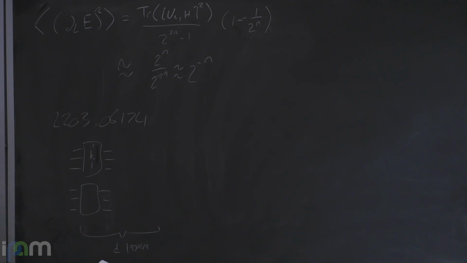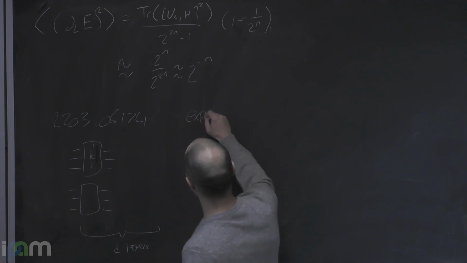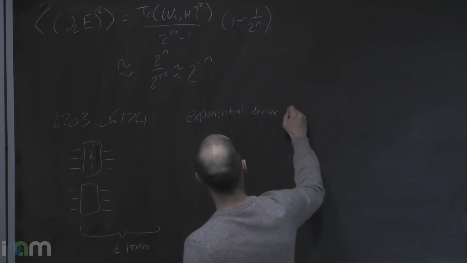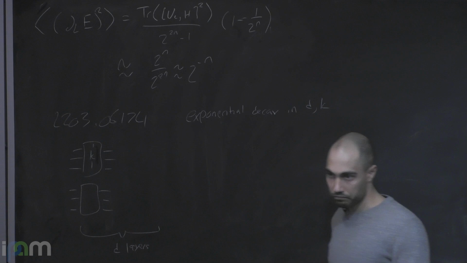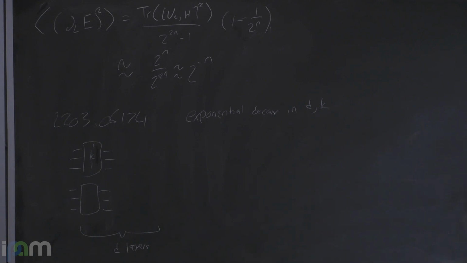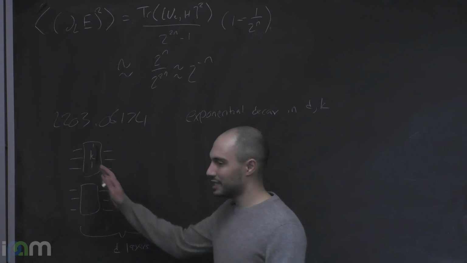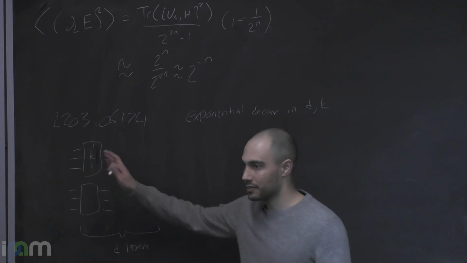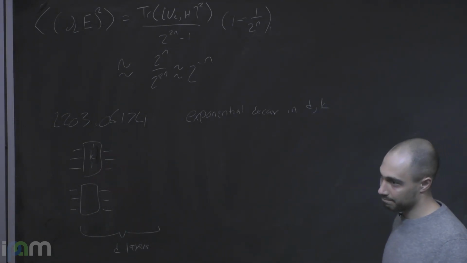So if you have a d-layer deep circuit with k-local gates, this paper shows that there's exponential decay in d and k. I'm putting aside some details here. Basically, if these gates are close to random within the k-local system, then you're going to get exponential decay in both d and k.